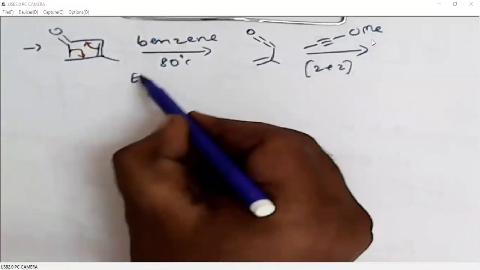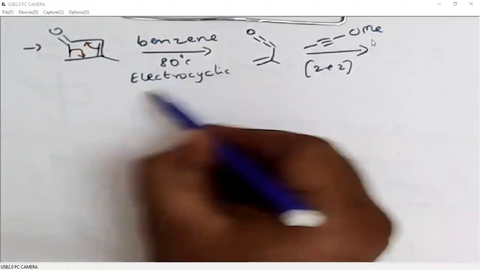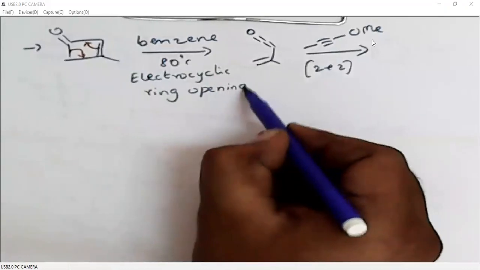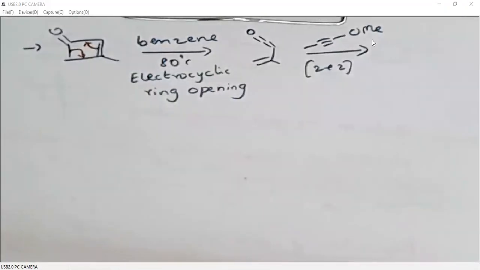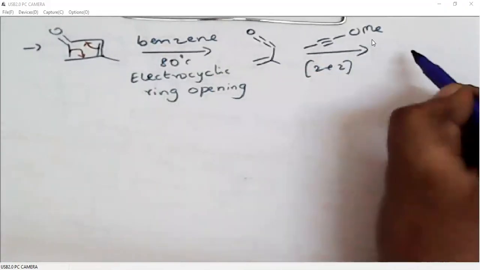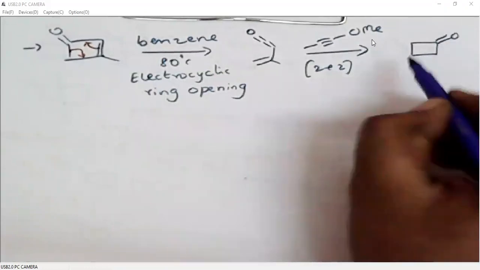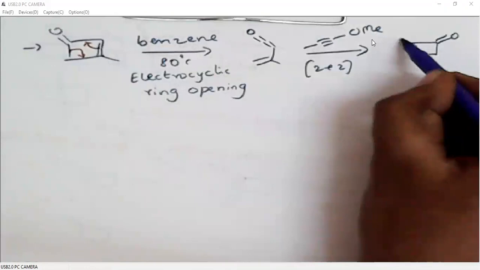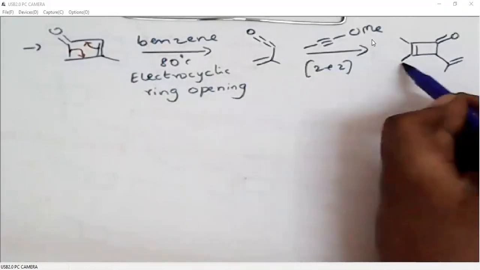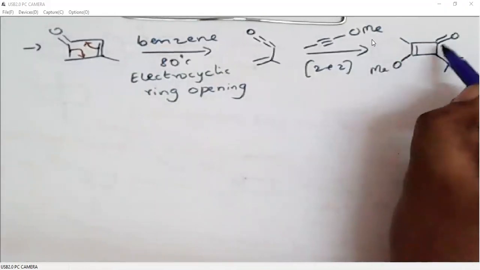So I'll write this electrocyclic ring opening. We will discuss these things in coming classes. Now ketene will undergo a 2+2 cycloaddition. So it generates this, the acetylene molecule and this is the ketene.